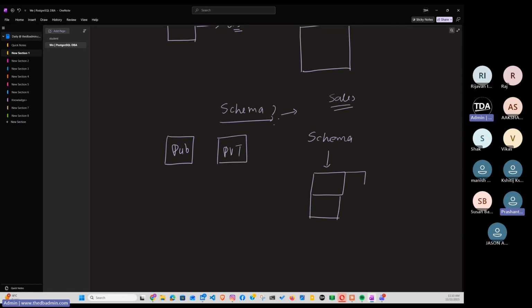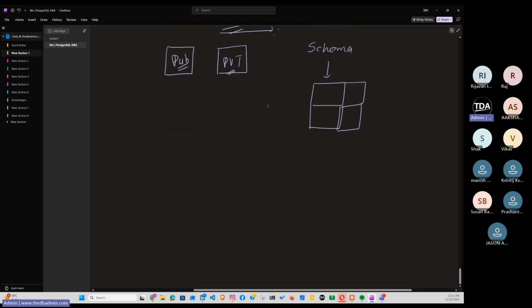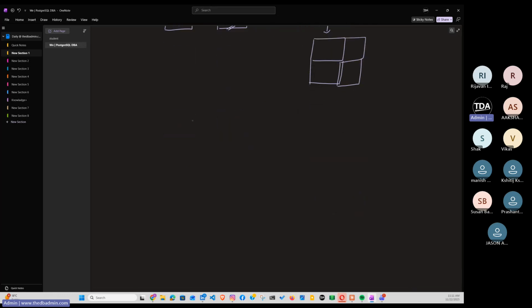So in Postgres, we have the public schema, which is available publicly to everyone, and private schemas, which we create ourselves. But in Postgres, schema and user are two different things. If you are coming from an Oracle background, in Oracle, schema and user are the same thing.